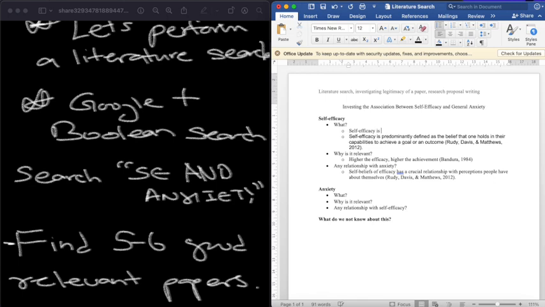Self-efficacy is one's belief in his or her capacity to execute, capacity to achieve objectives. Let's say something like this.